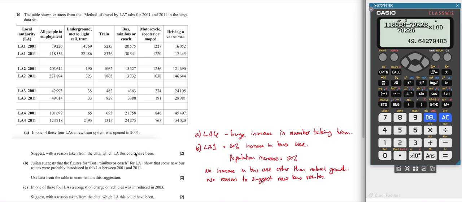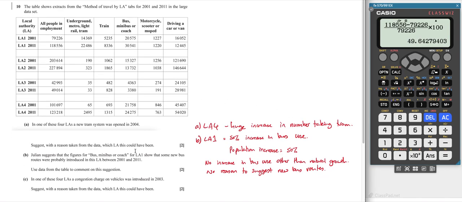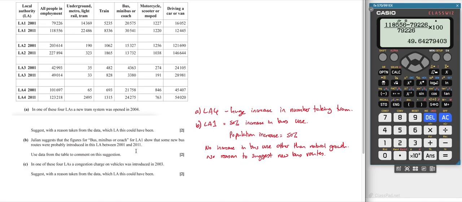In one of these 4 local authorities, a congestion charge was introduced in 2003. Suggest, with the reason taken from the data, which this could have been. So local authority 1, because the number of cars decreases. Local authority 2, we increase. 3, we increase.